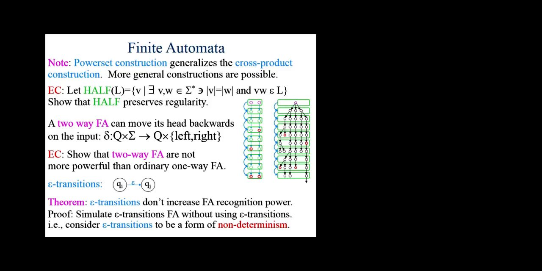So the price you pay when you convert to determinism is maybe a blow up in size, but not an arbitrary increase, at most exponential. Exponential is a lot, but it could have been worse. It could have been factorial. It could have been double exponential, 2 to the 2 to the k. It could have been unbounded, right? So 2 to the k is a small price to pay to get rid of non-determinism if you choose to.